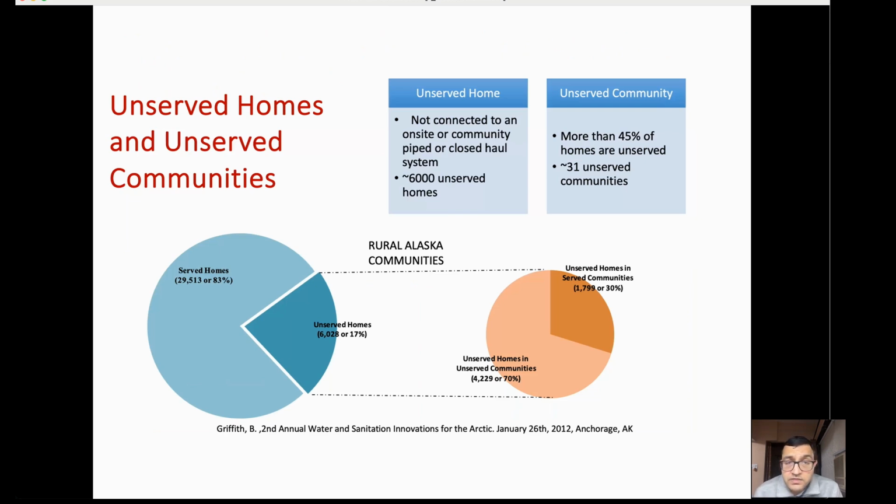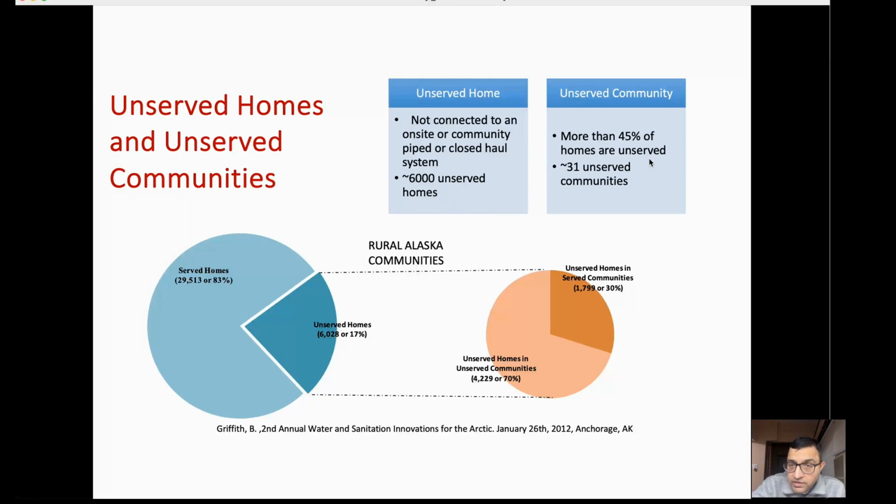So the unserved homes and unserved communities, if you look in the boxes on the top right, an unserved home is one which is not connected to an on-site or community piped or closed haul system. And it's estimated that there are about 6,000 unserved homes in the state of Alaska. An unserved community is one which has more than 45% of homes that are unserved.